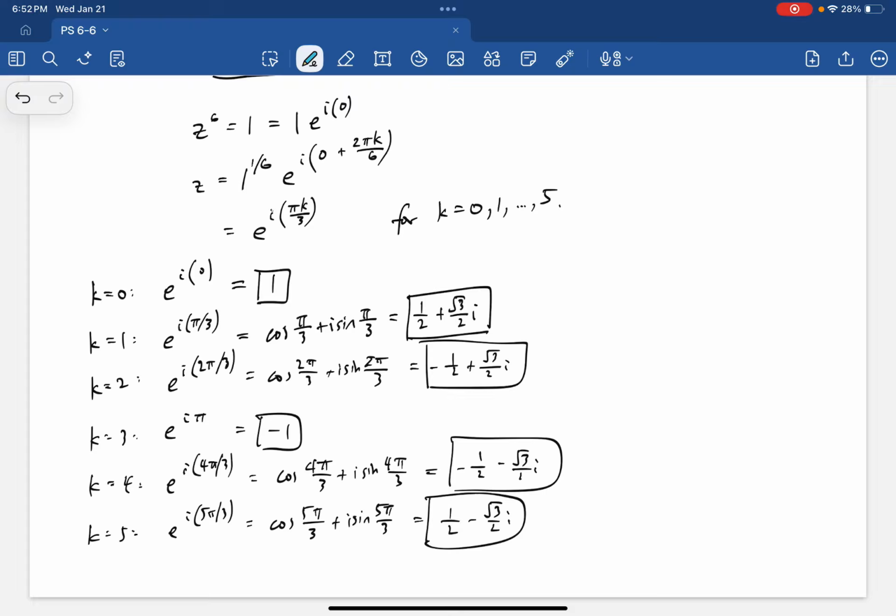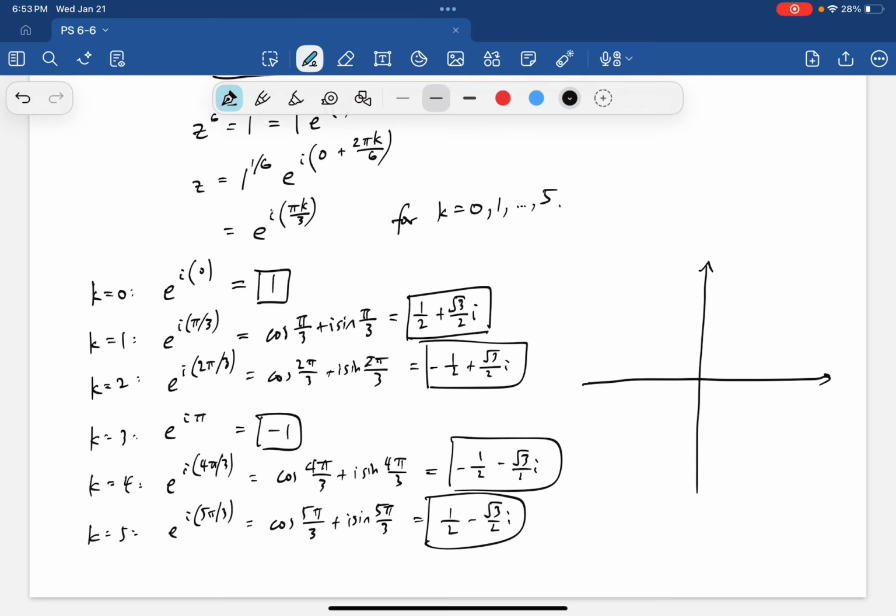All right, so those are our 6 solutions. And when we plot them, it's easiest to plot based on the angles and not actually standard form. When we plot them, we have 1 is here, pi over 3 is here, 2 pi over 3 is here, 3 pi over 3, 4 pi over 3, and 5 pi over 3.